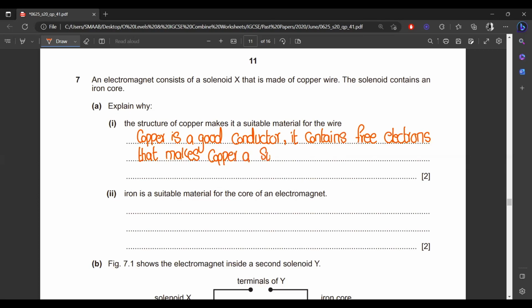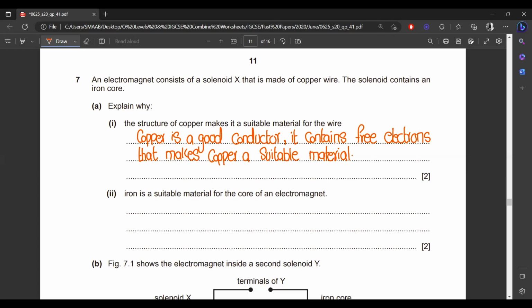And the next part, is it because it's a temporary magnet? Iron is a suitable material for the core of an electromagnet. Yes, because we know that iron is not a permanent magnet. It's a temporary magnet.